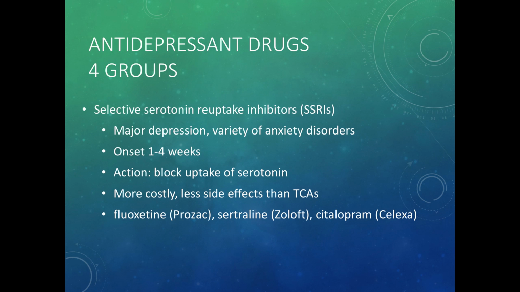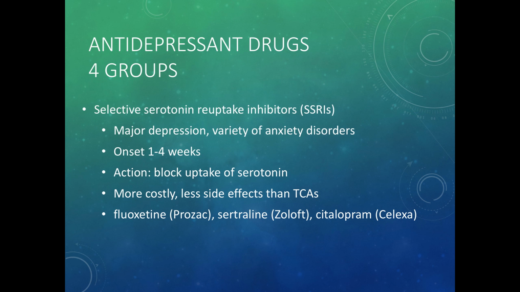The next class is the most common of all. It blocks the uptake of serotonin: selective serotonin reuptake inhibitors. We treat major depression with this, and some of them are better than others with anxiety disorders.